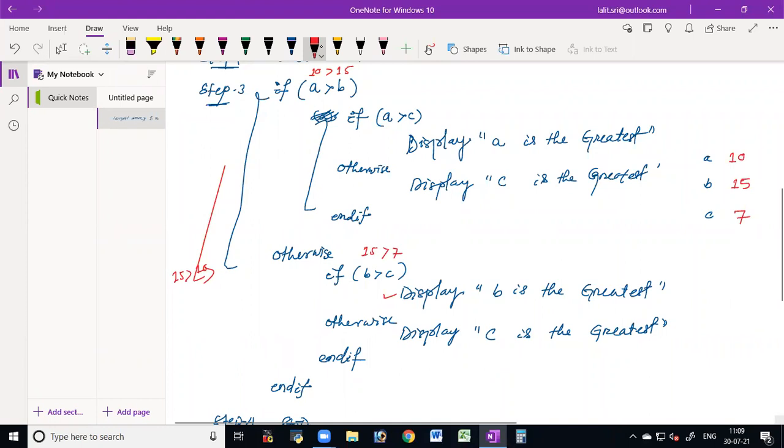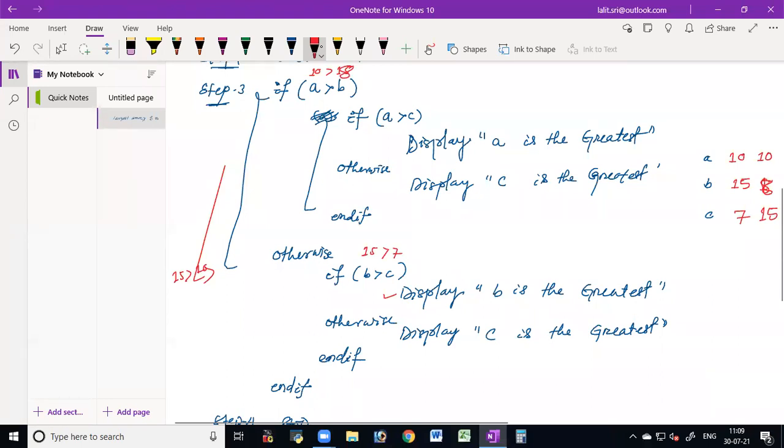Then suppose this is 8, 10, 15. So 10 is greater than 8.